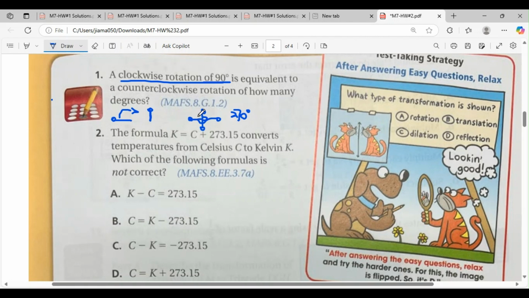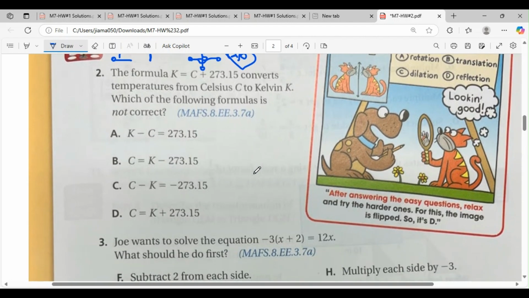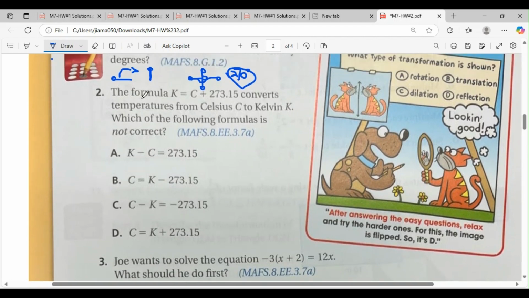There's only a 90 degrees here, which means we can use 360 degrees minus 90 degrees to get our answer, 270 degrees. Okay, next. The formula K equals C plus 273.15 converts temperatures from Celsius C to Kelvin K.